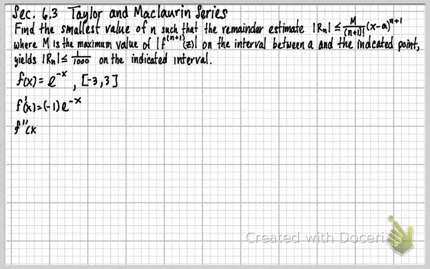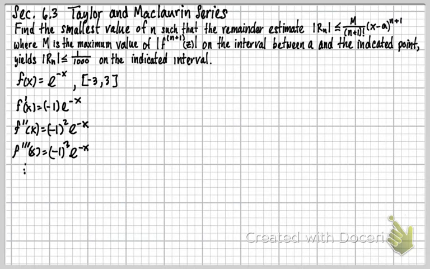F double prime of x equals negative 1 squared e to the negative x. F triple prime of x equals negative 1 cubed e to the negative x. Now hopefully one thing you notice here, I'm not multiplying them all out because I don't really care about the numbers themselves. I care about the pattern.